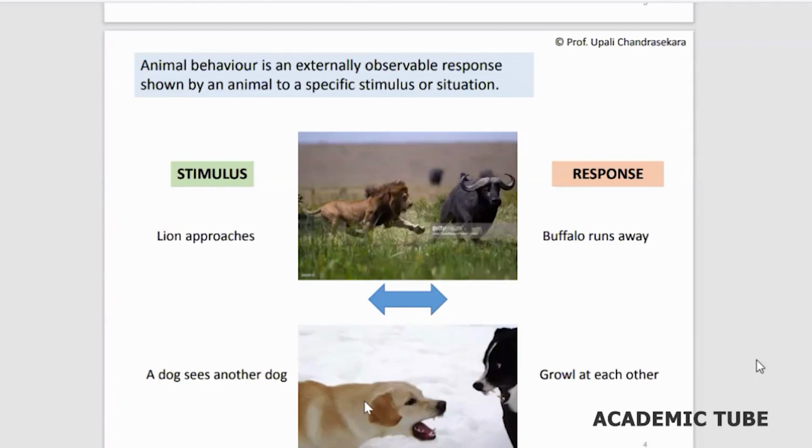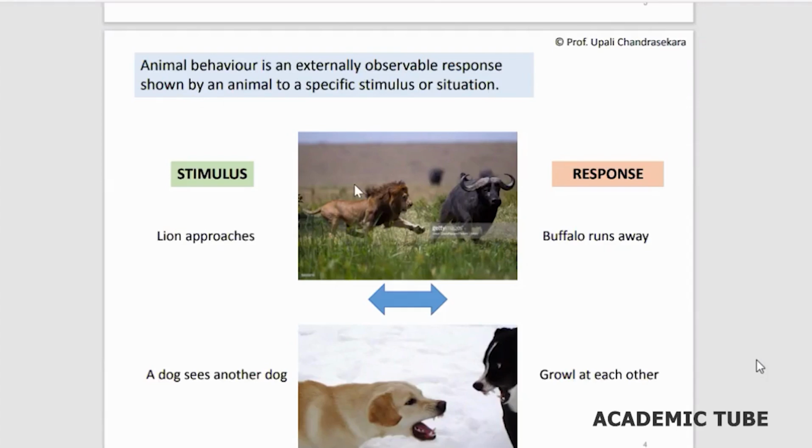Similarly, the white one is the stimulus to the black one. So the stimulus is the sight of the dog and the response is growling at each other. So you see, animal behavior is an externally observable response shown by an animal to a specific stimulus or situation.